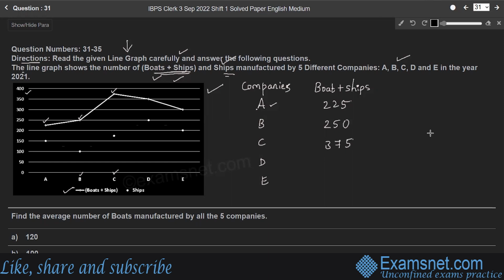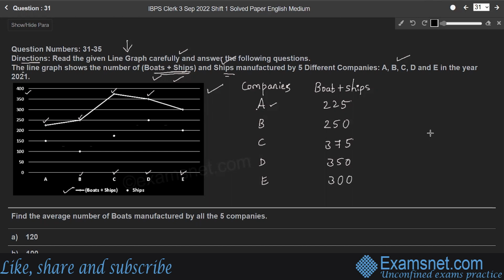The number of boats and ships prepared by company D is 350, and by E is 300.